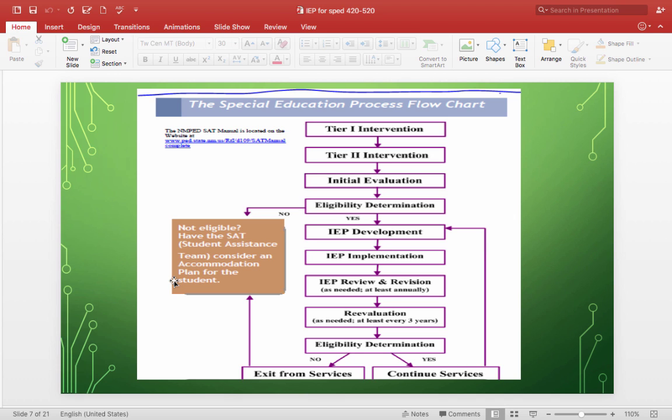Now, this evaluator does not have the right to say they get services. No, that is the IEP team's domain. And so then, if the answer is yes, that they are indeed eligible for the IEP team to consider giving them an IEP, then we start on IEP development.